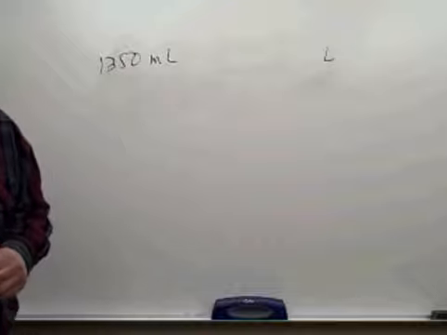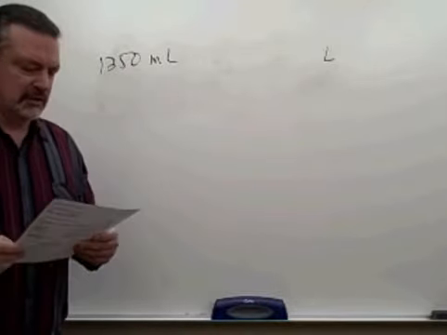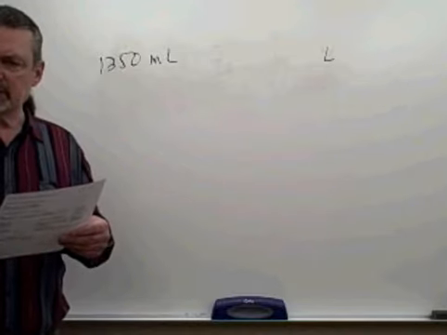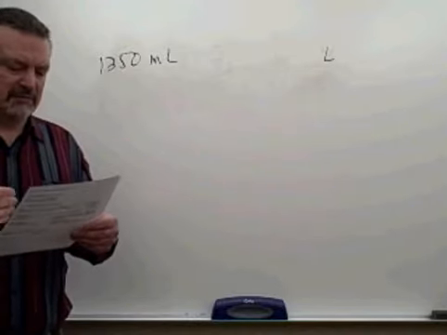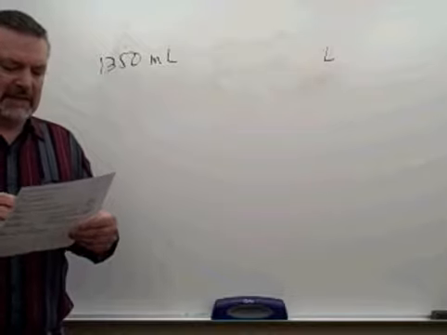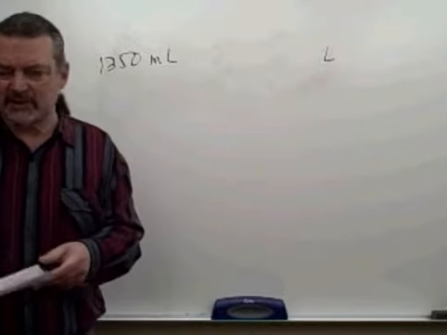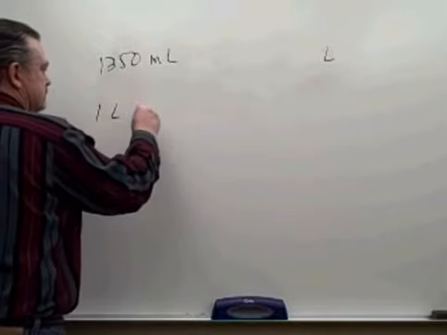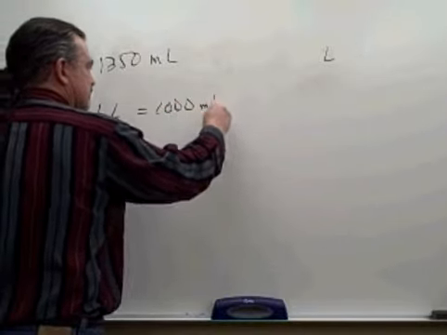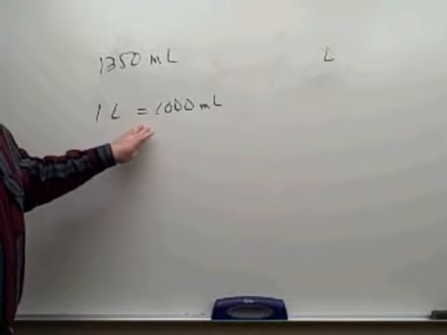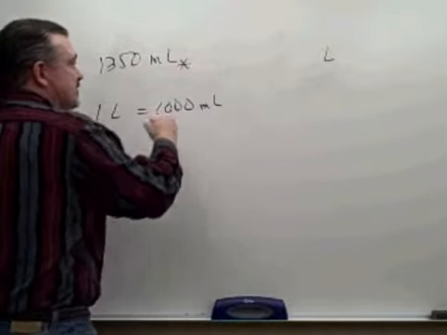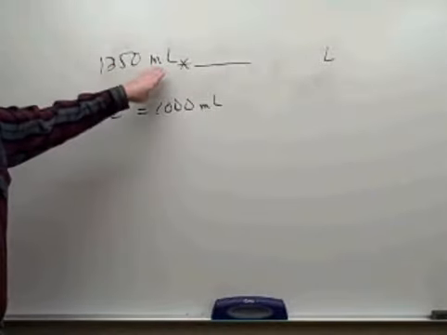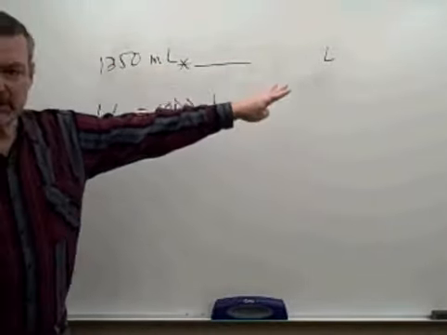So we look on our conversion, our equivalence chart. Milliliters, liters are measurements of liquid volume in the metric system, and the equivalence is that 1 liter is equal to 1,000 milliliters. So I can use this equivalence to create my conversion fraction that will eliminate milliliters and leave me liters.